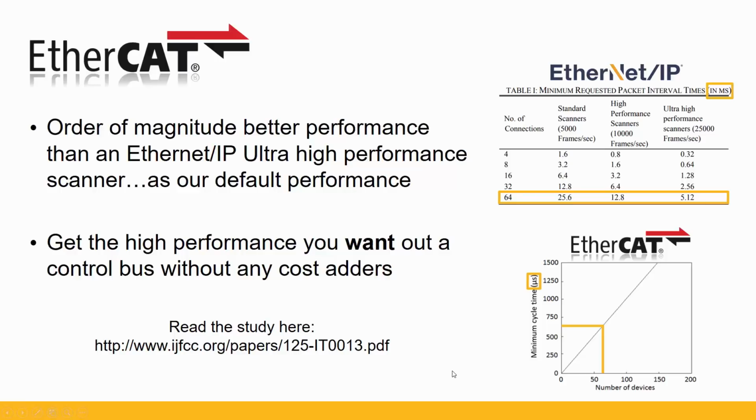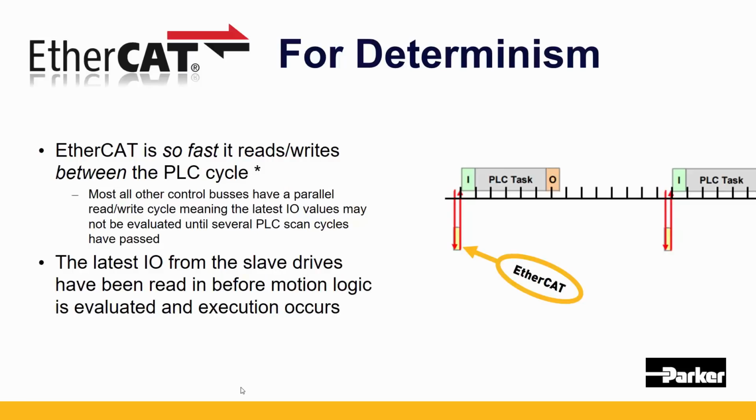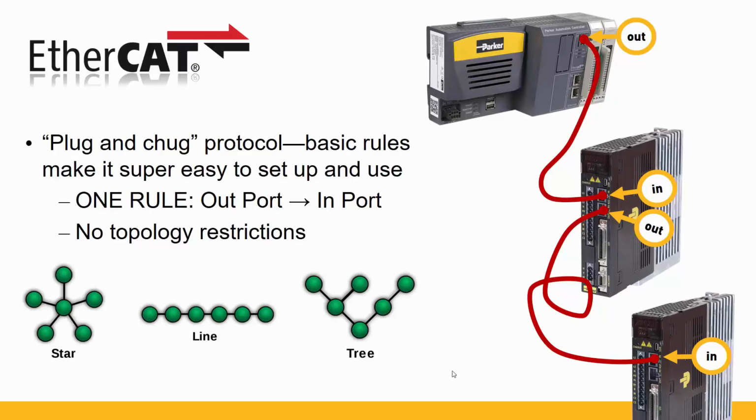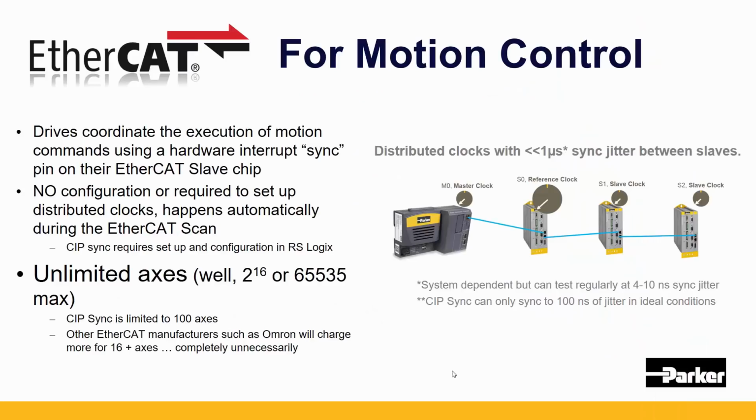And don't forget, for that speed, you get a much more deterministic cycle on your bus network. In addition, Ethercat handles all of the addressing for you. You just have to remember to go in the in port and out the out port, and you can do no wrong. Ethercat also handles all of the distributed clocks for you. And if nothing else, remember that Ethercat allows you to do high precision motion control on a bus.